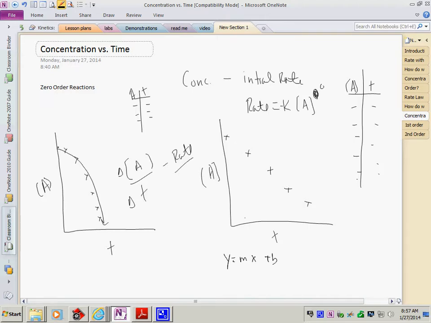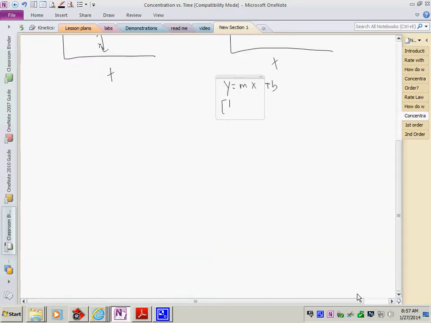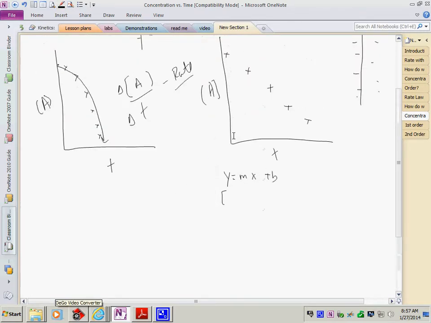In this case, if I relate this equation, the y would be the concentration. I'm going to bump this up a little bit and put it right here. The concentration of A equals m, which is my slope. It's negative, so negative k. So this slope here, this is k.